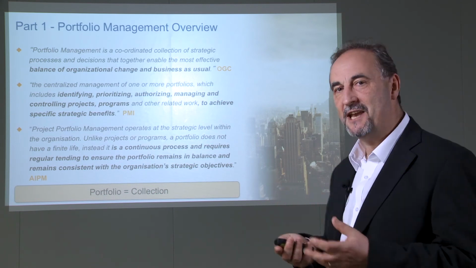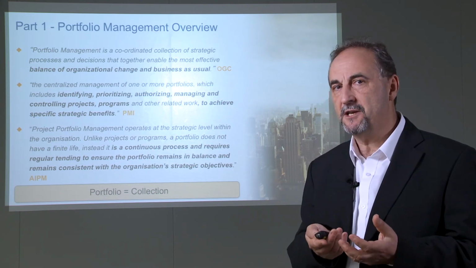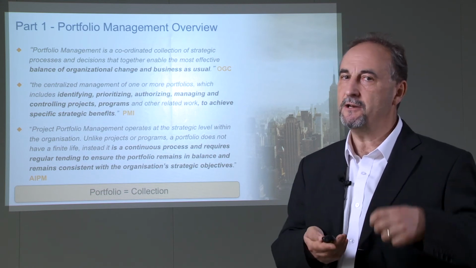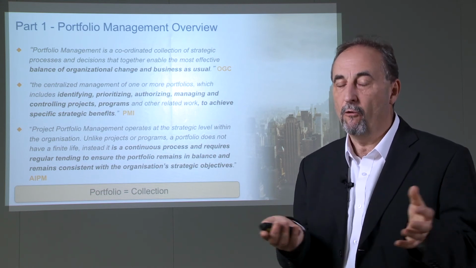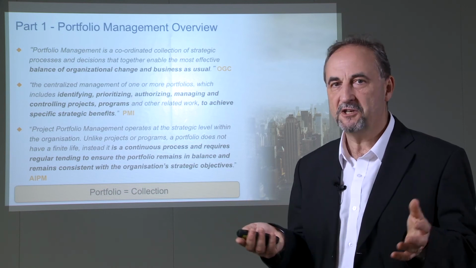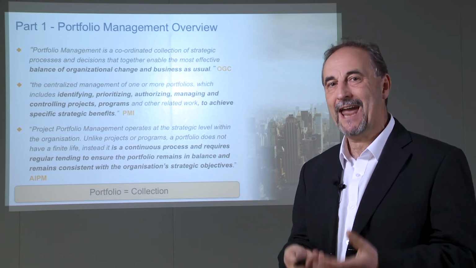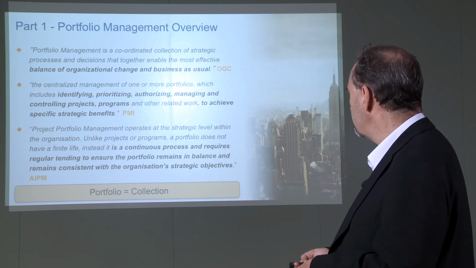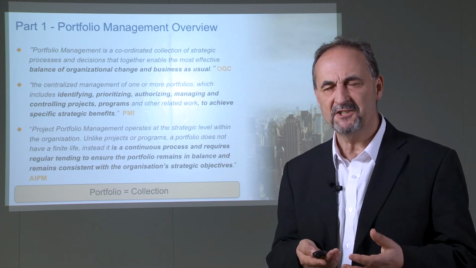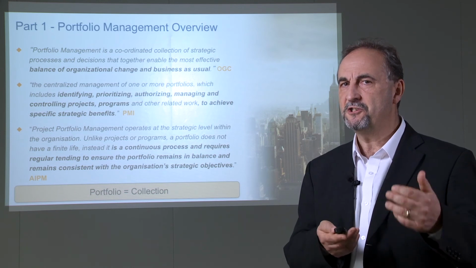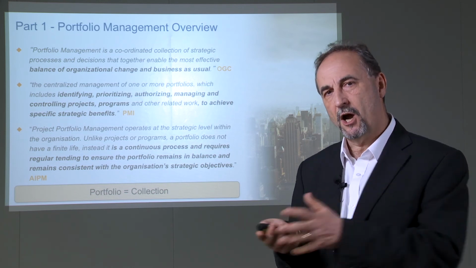requiring regular tending. In other words, this is an active process. It's not a case of deciding which 20 projects, or 40 projects, or 100 projects we are going to start, and then just letting go. This is an active process to ensure the portfolio remains in balance. And this is an important point. It's not just a case of saying, where's the highest return?